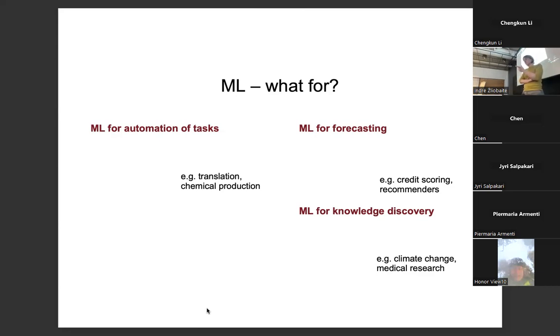In comparison to forecasting, a clinical question would be: here is a patient, can we predict the best treatment for that concrete patient? And knowledge discovery would be more like: in general, for all kinds of patients, would this treatment be more effective than that?